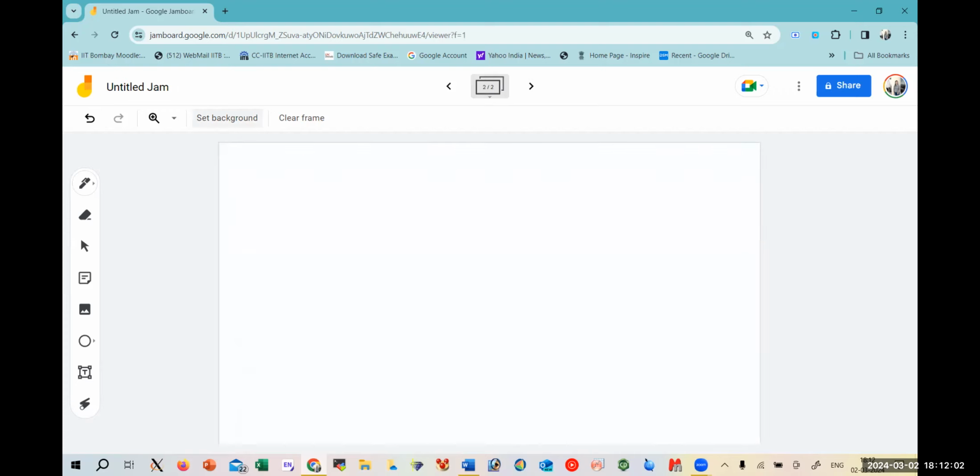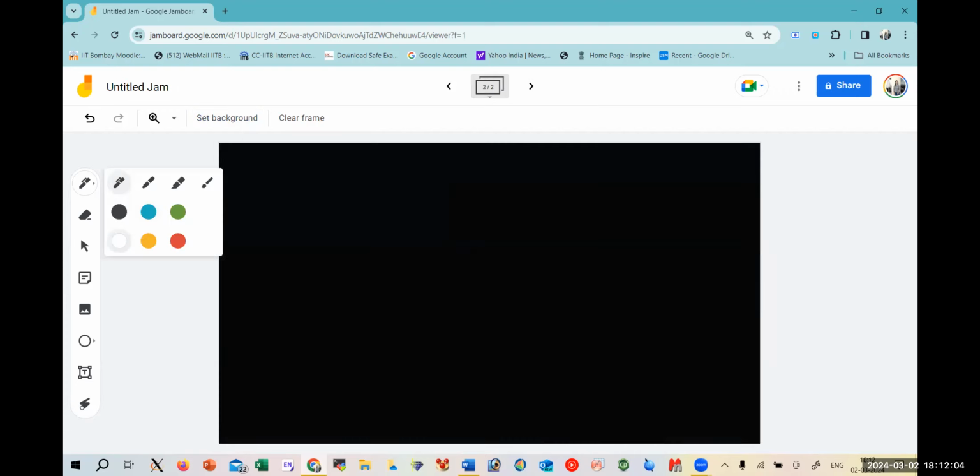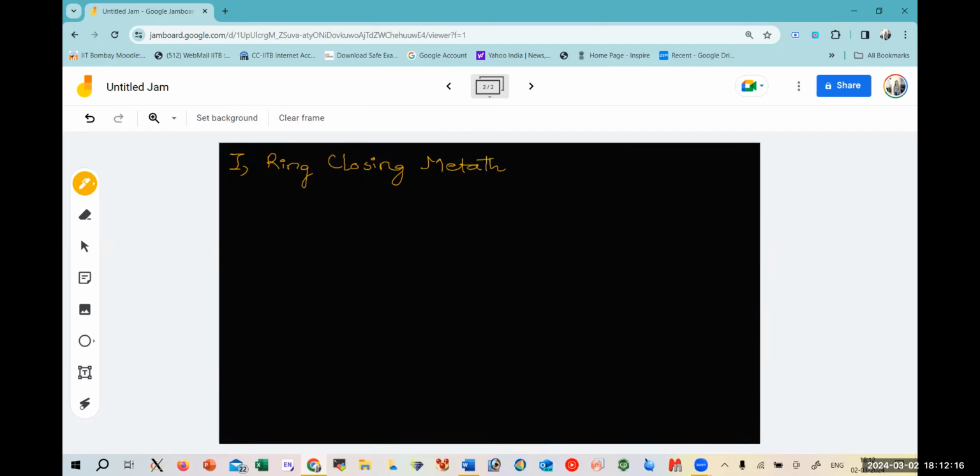So let's start with our first topic, which is ring closing metathesis. Closing itself defines the meaning that something which is open, we are going to close it and make it a ring form.